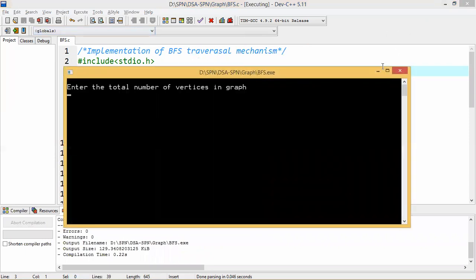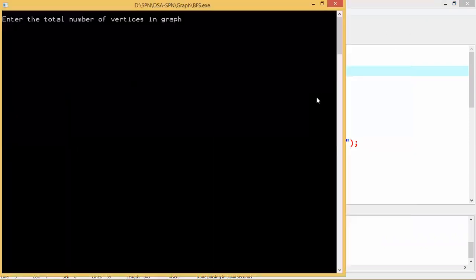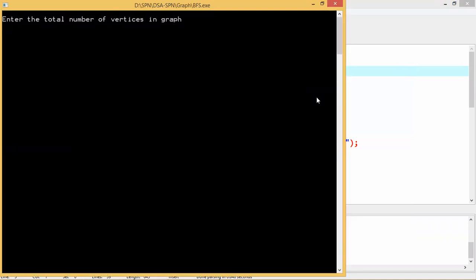Done. So the total number of vertices it is asking for, let us give the same example that we did in the diagram. There will be 5 vertices. For the adjacency matrix, suppose I am entering 0, 1, 1, 0, 0. Clear? Then 0, 0, 0, 0, 1.